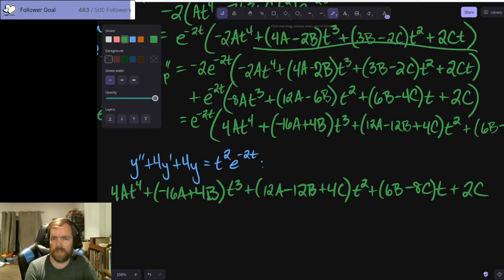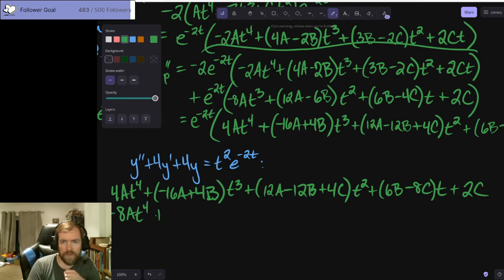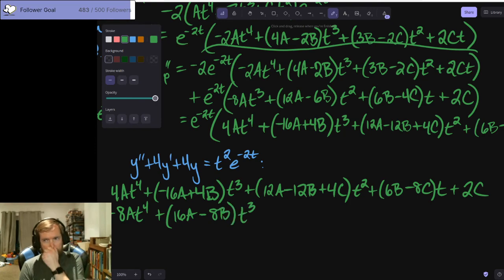That's going to be this line here. So 4 times that is going to get us a negative 8a t to the 4th plus 16a t cubed. Might still work. 4 times, right, okay, 8b t cubed plus 12b.